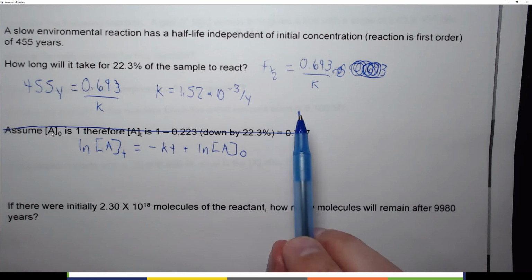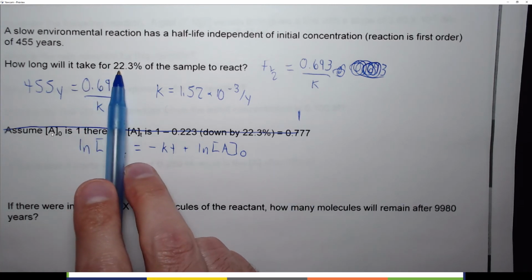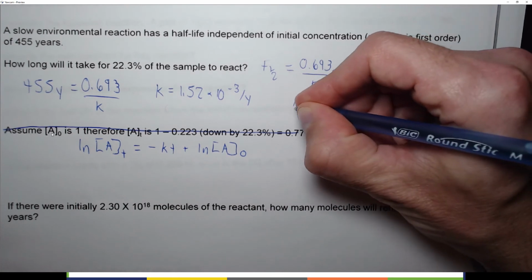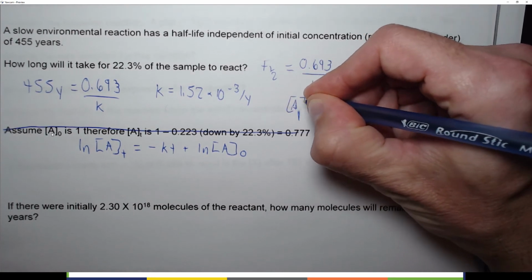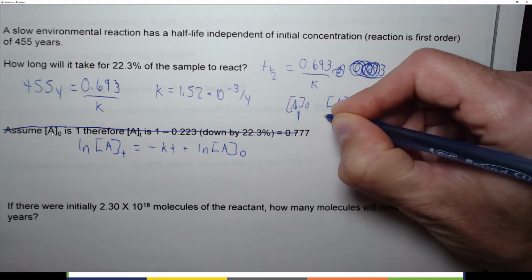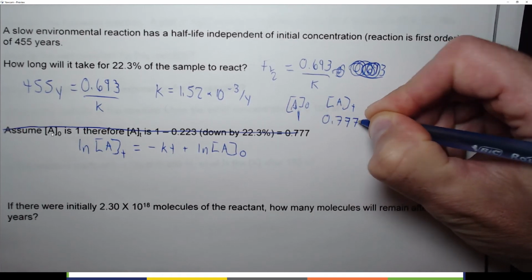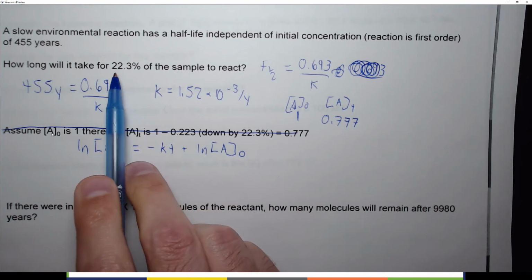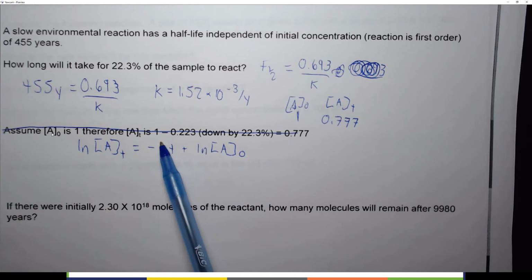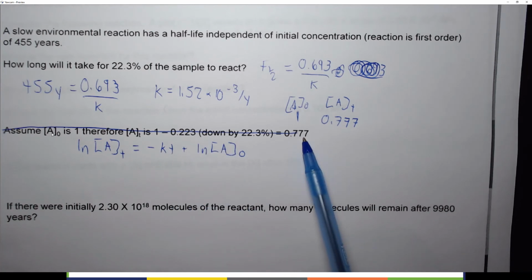If the initial concentration is 1 and it went down by 22.3%, then the concentration of A at some time is 1 minus 0.223, which is 0.777.